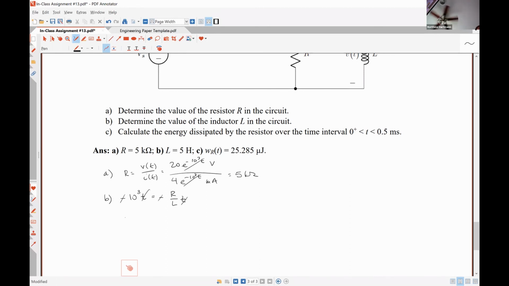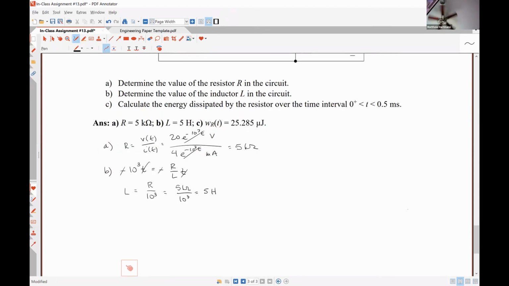And so I get L is equal to R divided by 10 to the 3, which would be 5 kilo ohms divided by 10 to the 3 gives me 5 henries. Seem reasonable? Yes, sir. Alrighty.